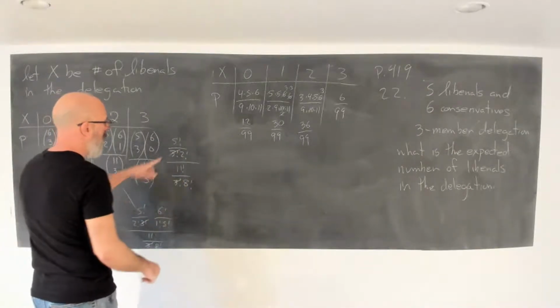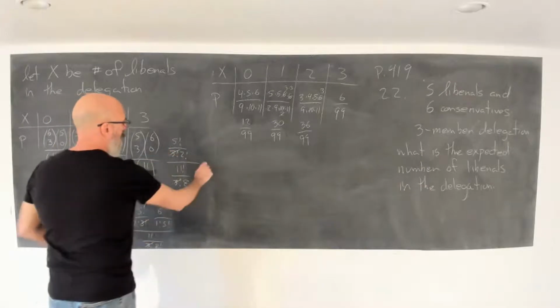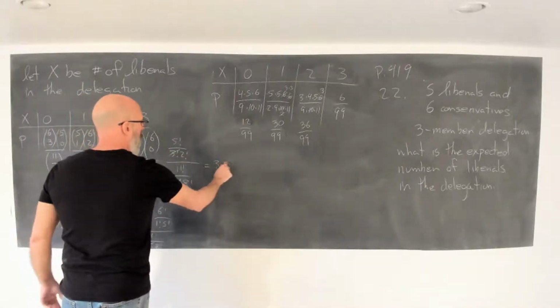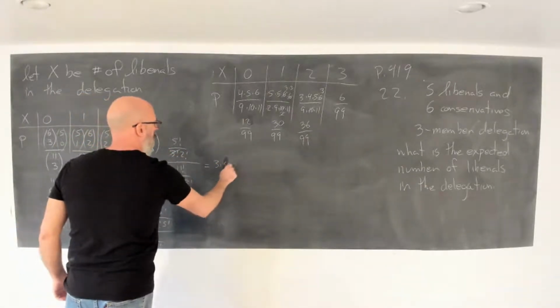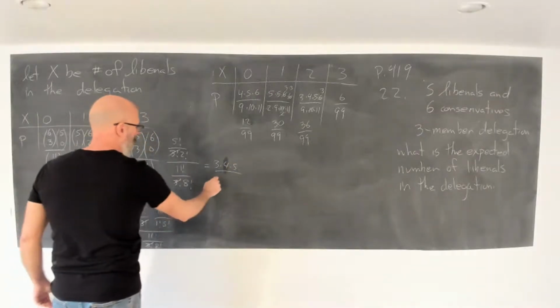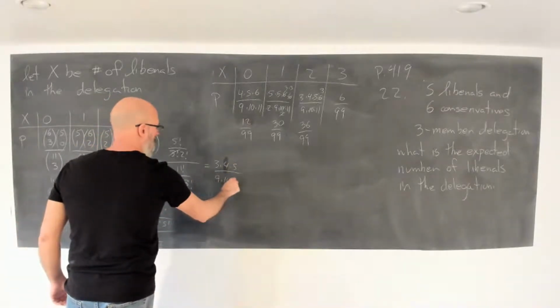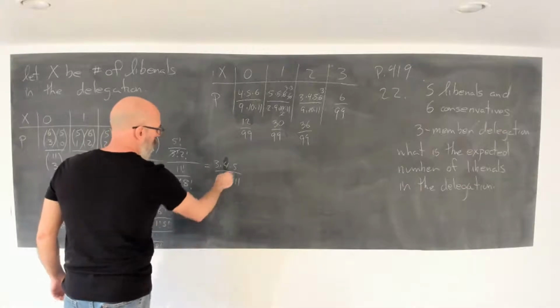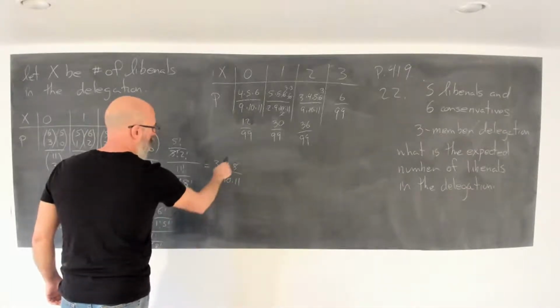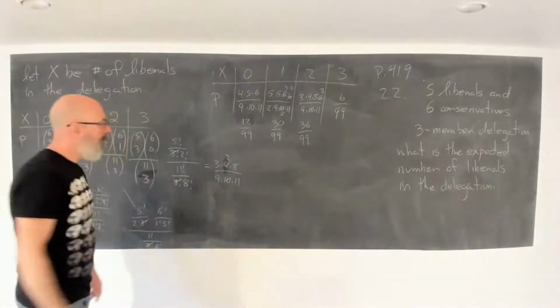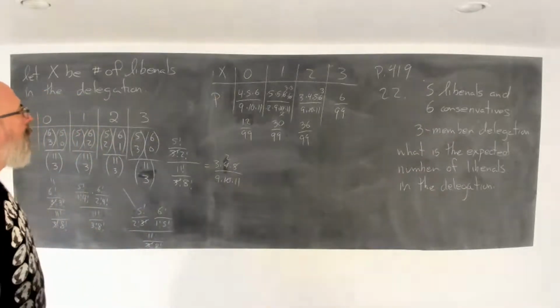These cancel out. That is 3 times 4 times 5 over 9 times 10 times 11. This and that cancel, leaving me with a 2. Oh, that is right. 6 over 99.